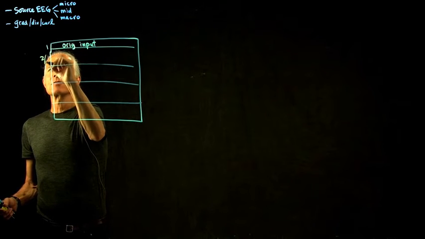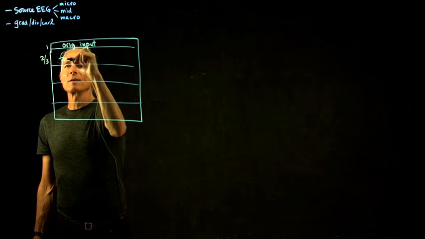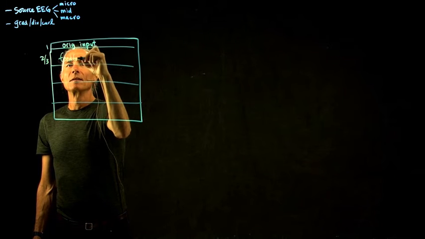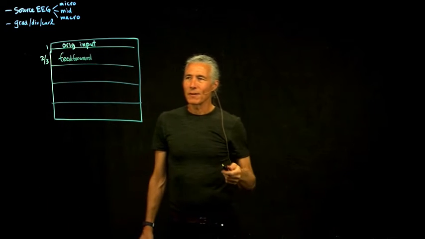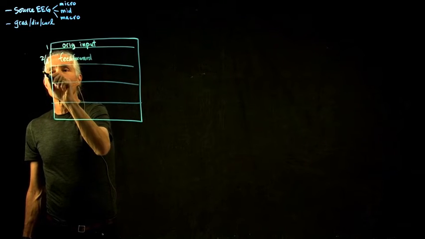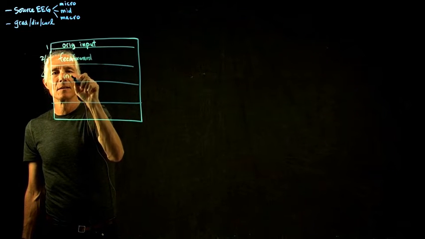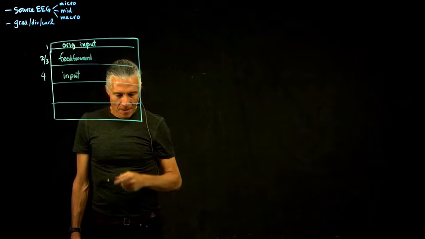But then there's layer 2, 3, and you can think of this one as the feed-forward layer. So this basically projects to the next step along. And layer 4 is the input layer. So that's typically where the input comes.